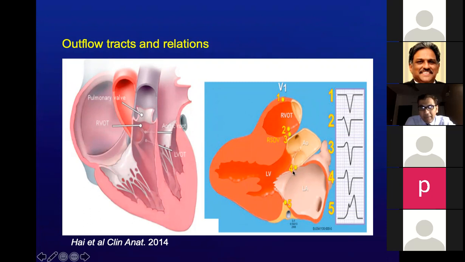Crossing the aorta, the left coronary sinus of Valsalva here is in continuation with the leaflet of the mitral valve, and then you come across into the left atrium. This continuation between the left coronary sinus of Valsalva and the leaflet of the mitral valve is called the aorto-mitral continuity. This is the AMC.